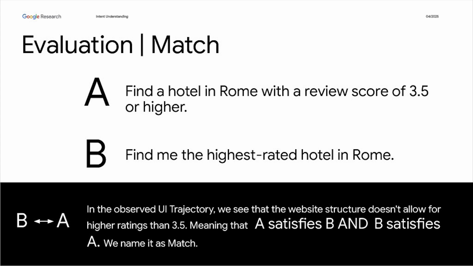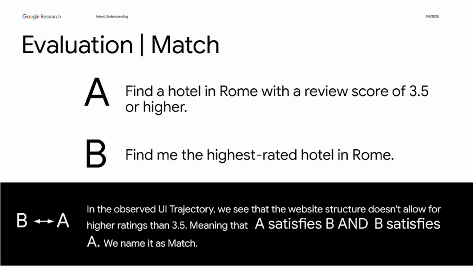Searching for a hotel with a 3.5 plus star rating might match searching for the highest rated hotel if, on that specific booking site, 3.5 stars is effectively the top visible rating tier anyway. Ah, I see. It's about what's practically achievable or represented on the interface. Exactly. It's a neat way to handle the nuances between how a user thinks about their goal and what the interface actually allows or shows. That makes a lot of sense.